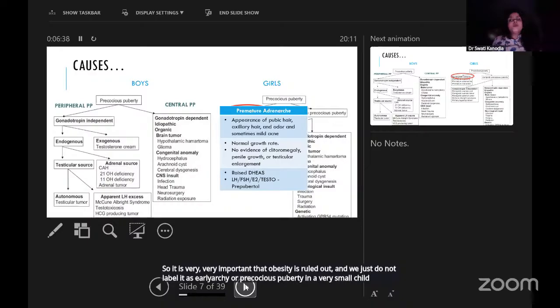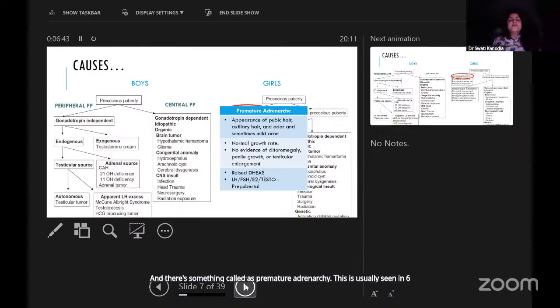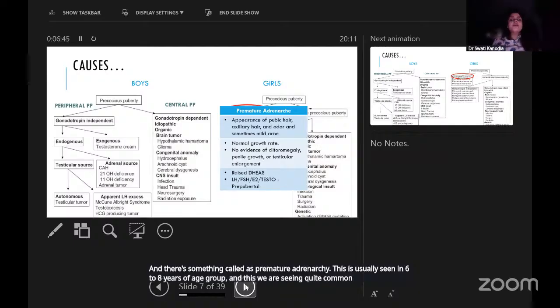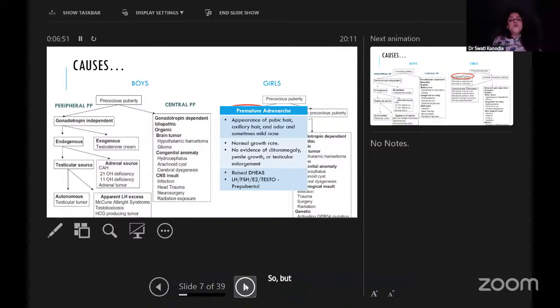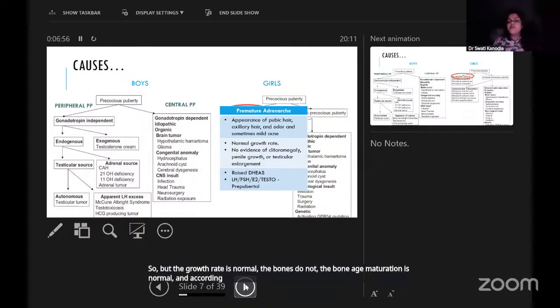And there is something called premature adrenarche. This is usually seen in the 6 to 8 years age group, and we are seeing it quite commonly these days. There is appearance of pubic hair, axillary hair, and body odor. Mild acne might also be there. But the growth rate is normal, and the bone age maturation is normal according to the age and height of the child.